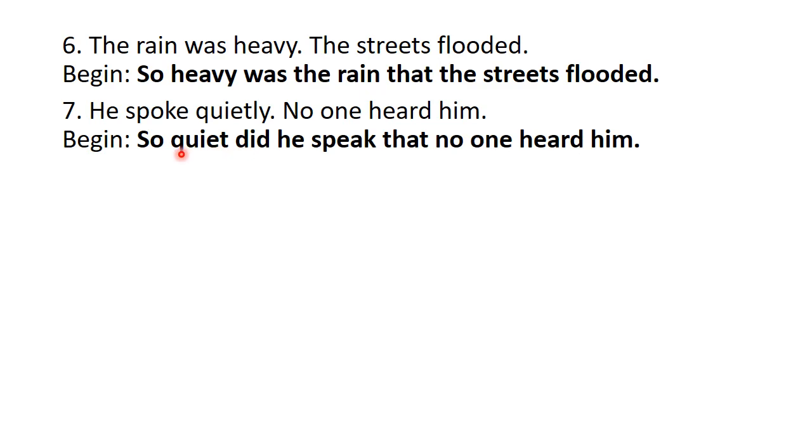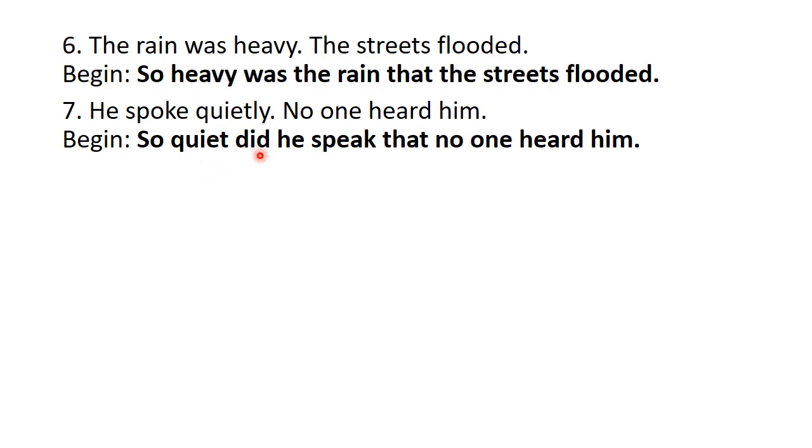Okay, we continue. So here it's supposed to be quietly, the way it is here. Okay, just a typing mistake. It's supposed to be quietly. So quietly did he speak that no one heard him. Okay, so when there is an action that was done, and there is a word that describes the manner in which that action was done, you have to use "did".